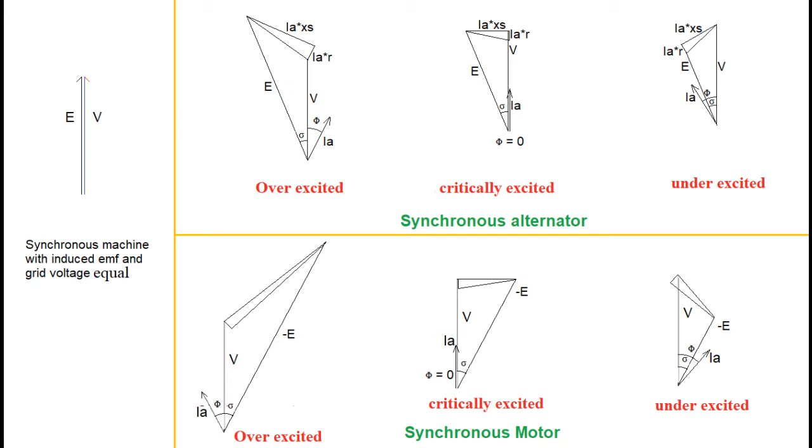Since induced EMF E, terminal voltage V and armature current IA are the basic parameters to draw the phasor diagram, we can consider E as minus E for reversal purposes. If we compare the working of the machine as a synchronous motor with an induction motor, the similarity is that both motors get supply from three phases for distributed armature windings.